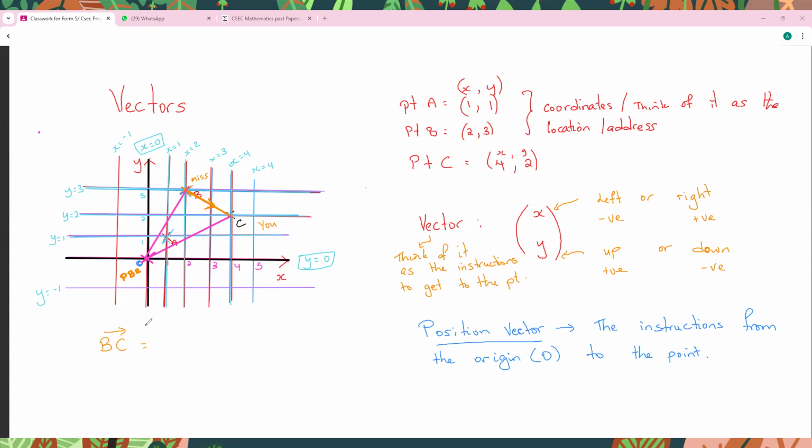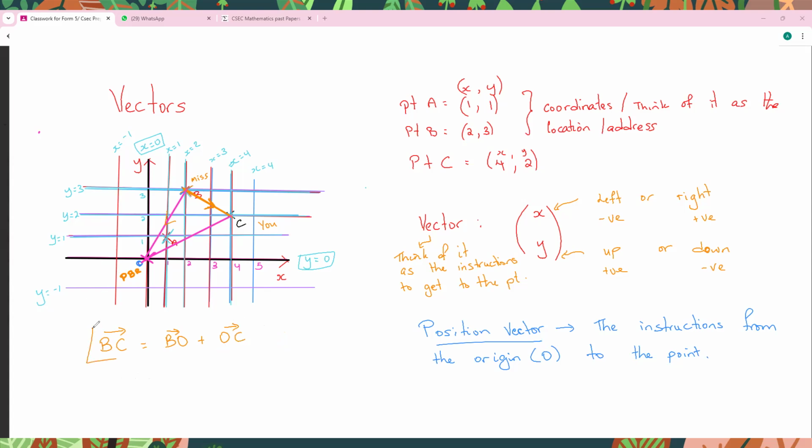Now, that would be me walking from my house, which is B, towards the bus route, which is O. So I'm going to start from my house, B, and I'll go to the bus route, which is O. All right, I reach the bus route. So you tell me, all right, miss, when you reach the bus route, you're going to walk so and so, and you'll see my house.